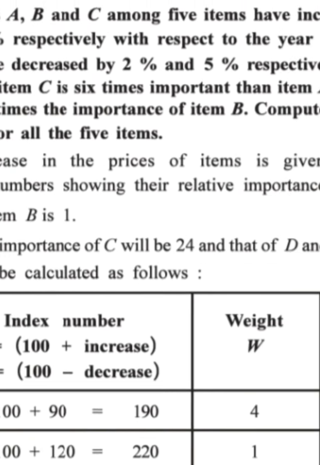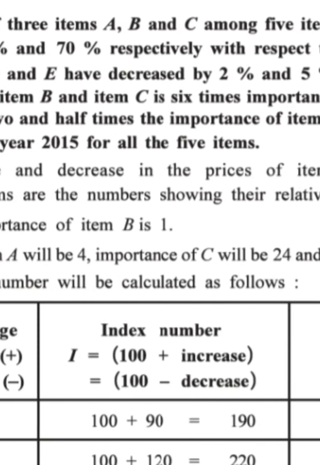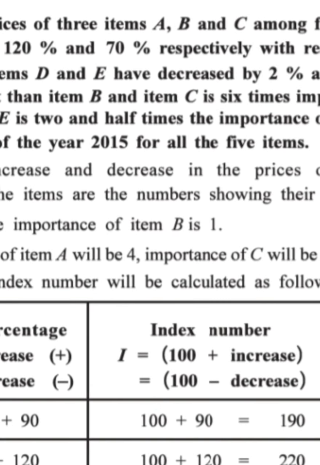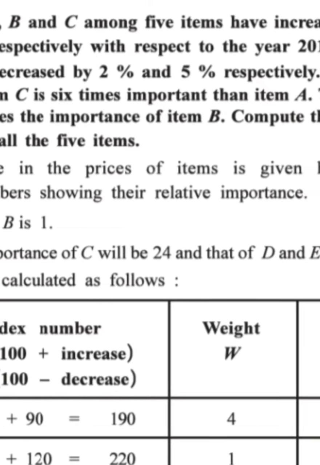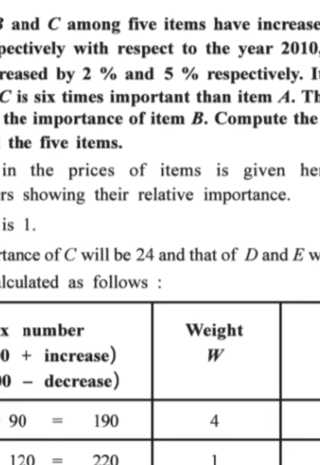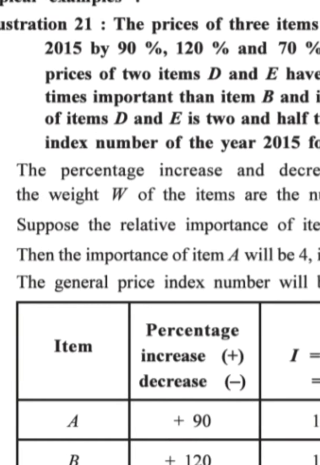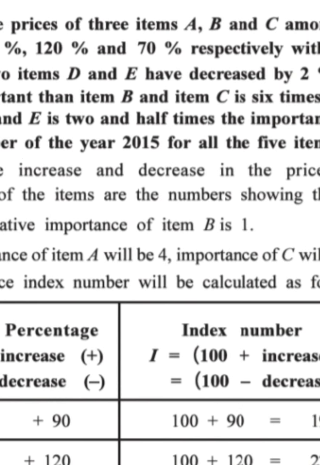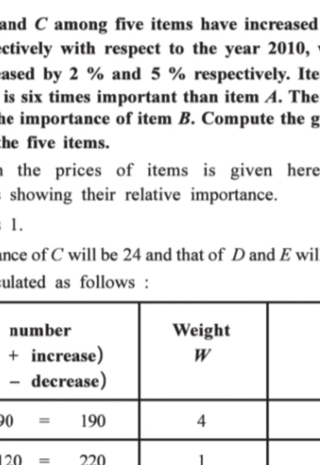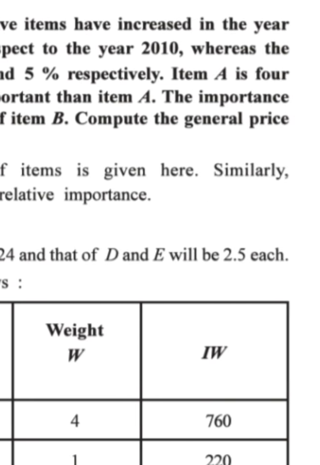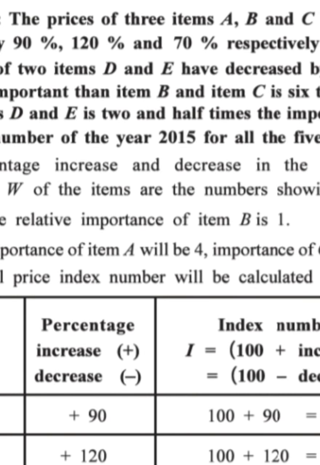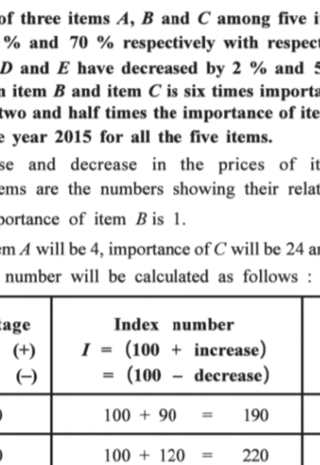Item A is 4 times as important as item B, and item C is 6 times as important as item A. The importance of items D and E is 2.5 times the importance of item B. Compute the general price index number of the year 2015 for all the 5 items.